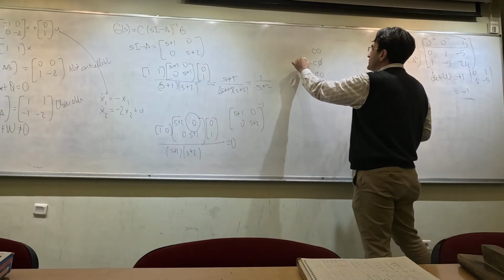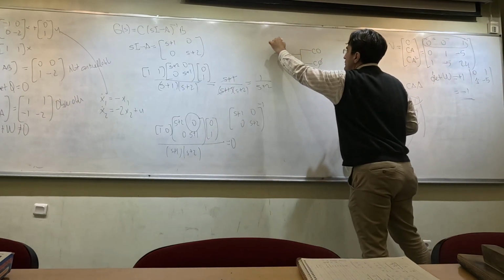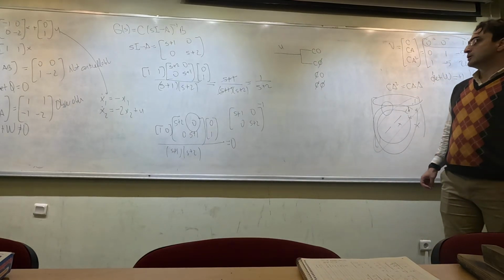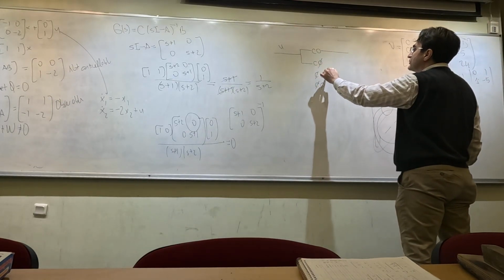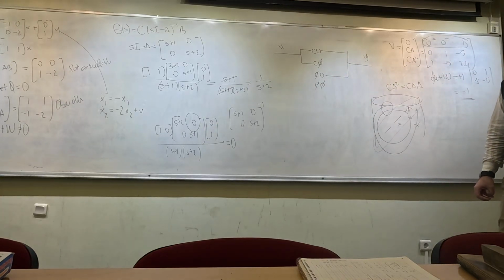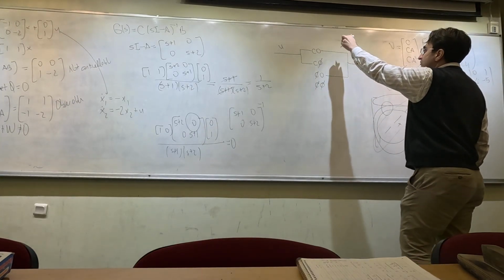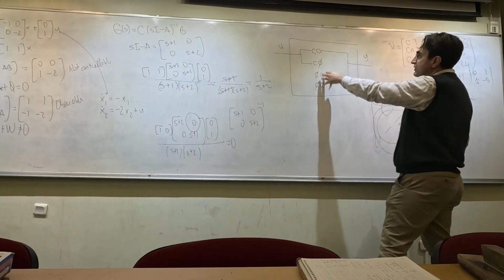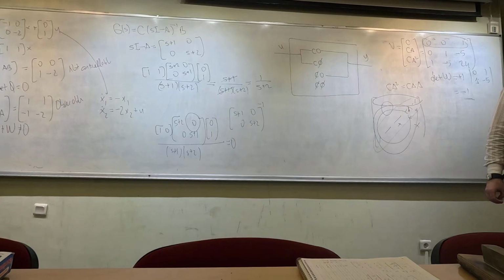Uncontrollable parts of the system are not connected to the input. Only controllable parts of the system are connected to the input, and only observable parts of the system are connected to the output. So we have something like this. This is our system here, and we can divide our system into these parts.